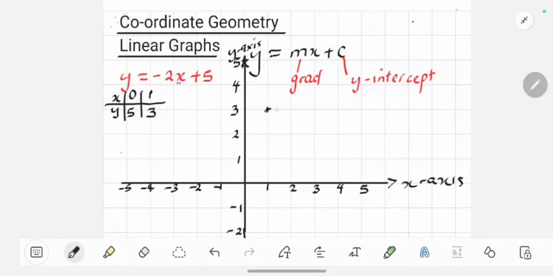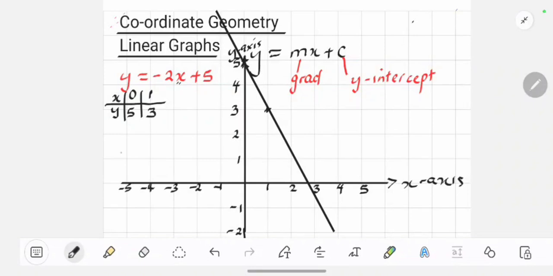This is the point. So because we have got the points, I take my ruler, I join these 2 points, then I draw the line. So this is the line.